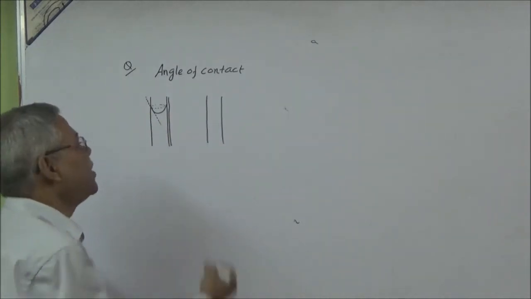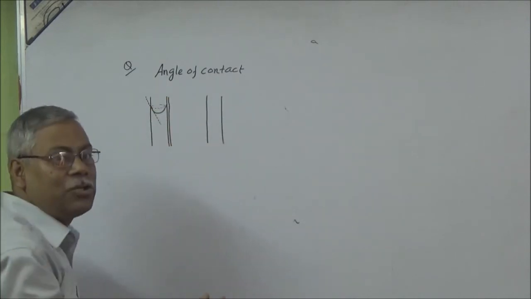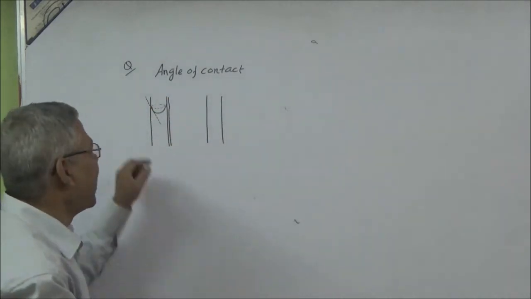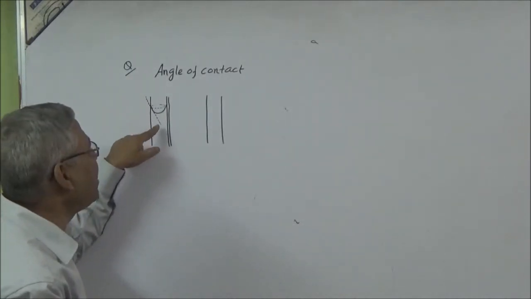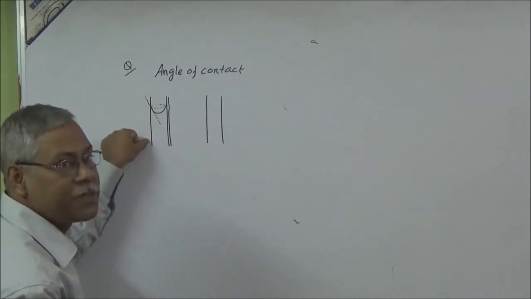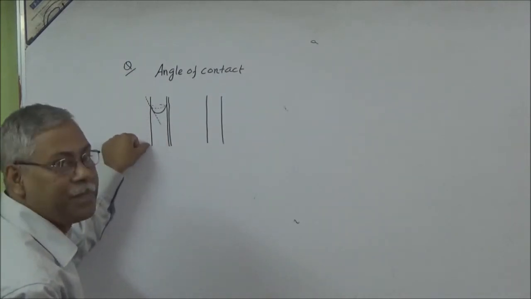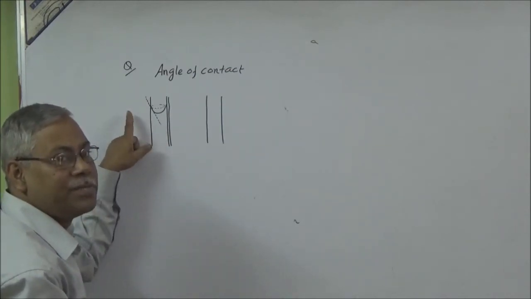So this is the tangent. We have drawn this tangent at the point where the meniscus, the free surface, touches the solid. The angle made by this tangent with the surface of the solid, with the surface of the pipe, and such angle being inside the liquid.